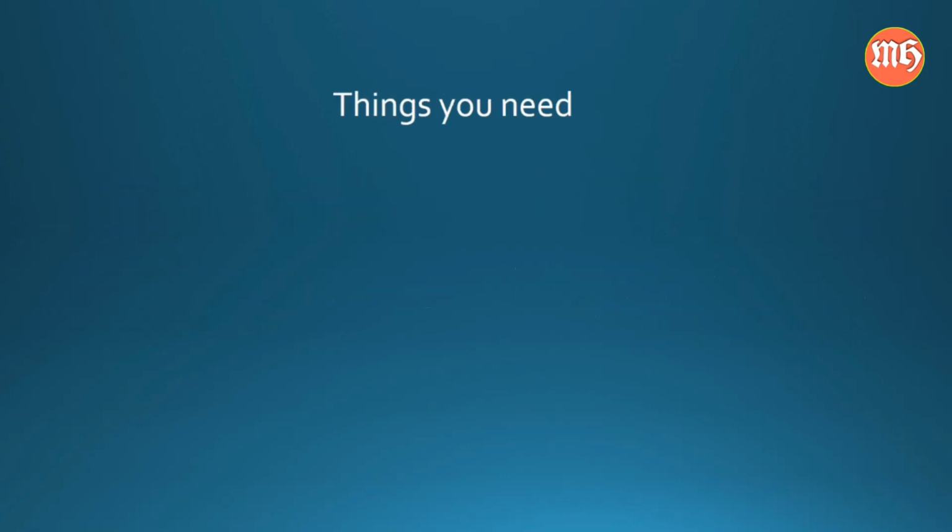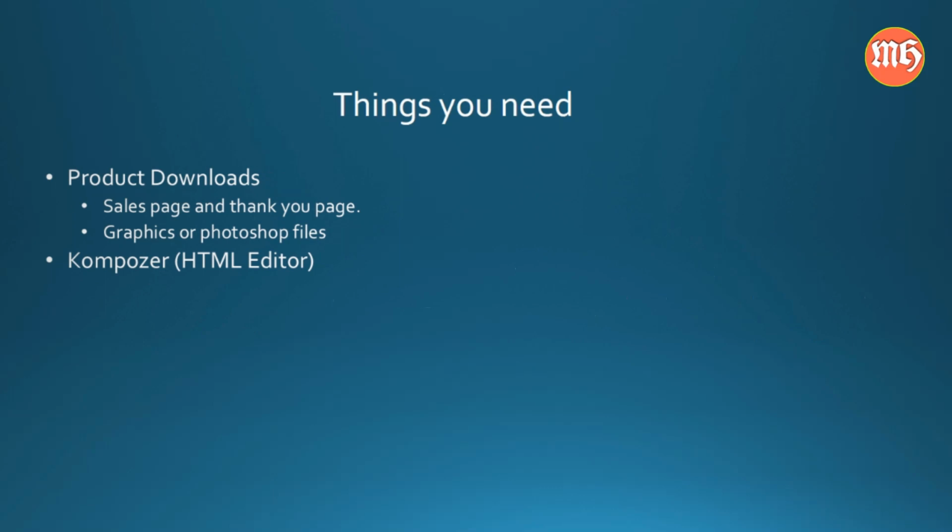Now here are the things that you need. You need of course to have the product download. So you're going to need to have access to the video course, the ebook, or the product itself. You're going to need to access the sales page, the thank you page. If you don't have a thank you page, you can create a thank you page with the HTML editor that we're using, and I can show you how to do that.